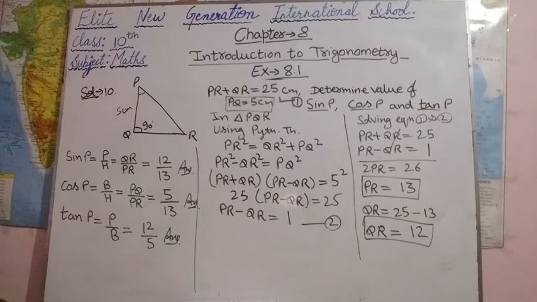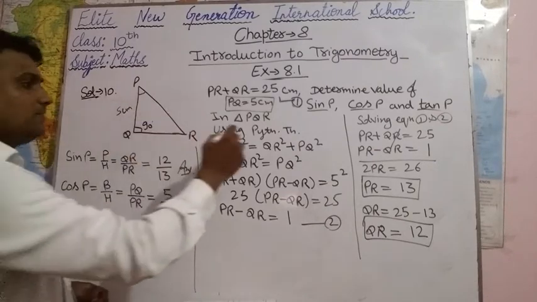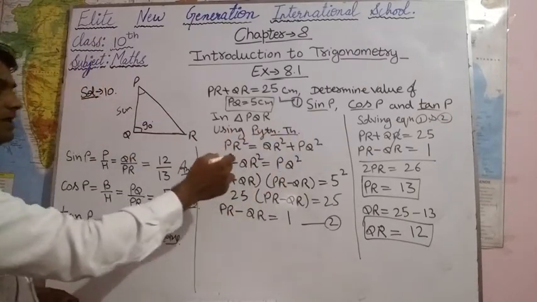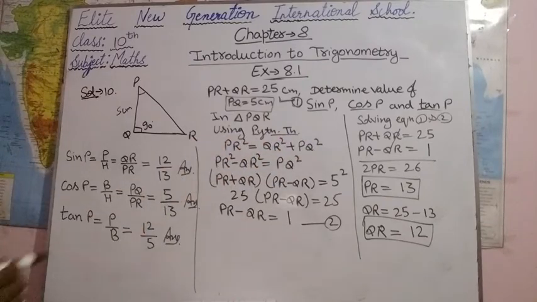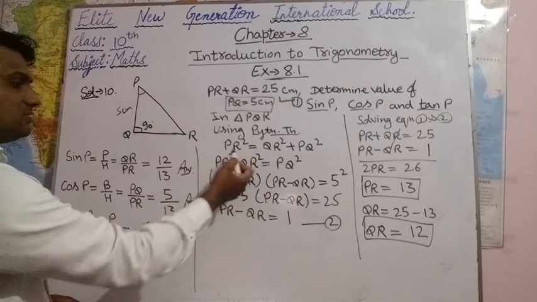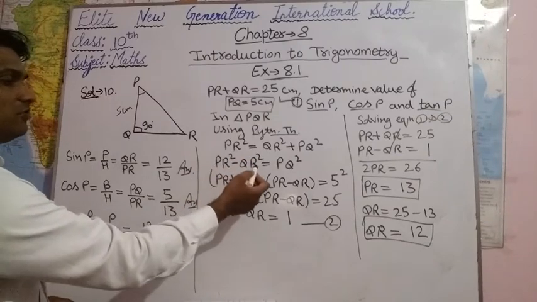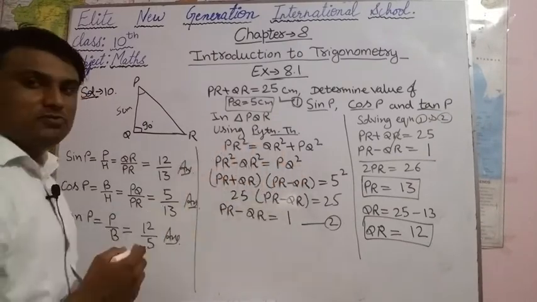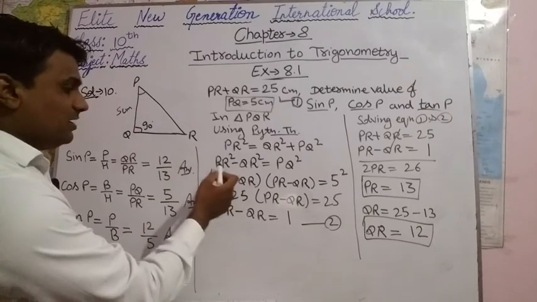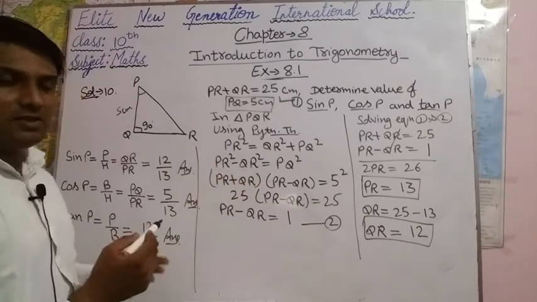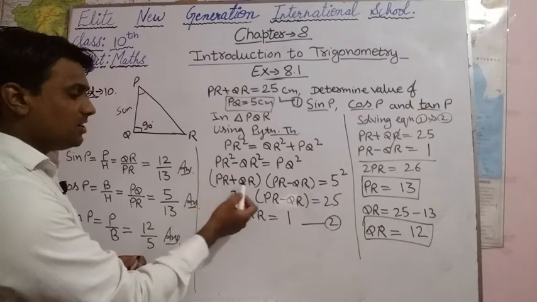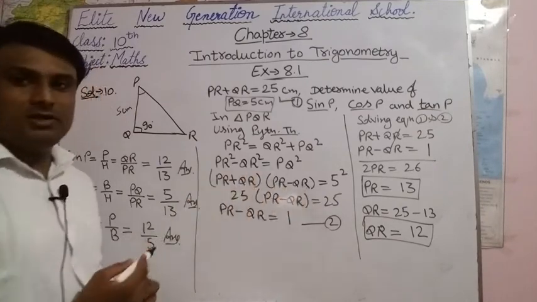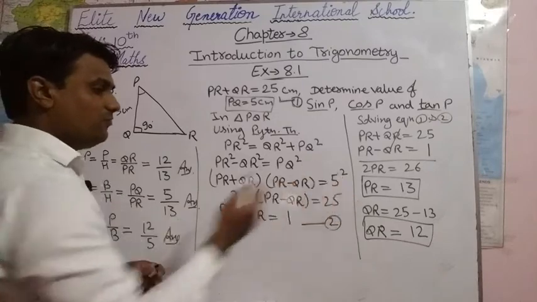Now in triangle PQR, first of all, by using Pythagoras theorem, it will be PR square equal to QR square plus PQ square. So this QR square can be shifted to this side, so it will be PR square minus QR square equal to PQ square. Now here a square minus b square, by applying the formula a plus b and a minus b, it will become PR plus QR and PR minus QR equal to 5 square.